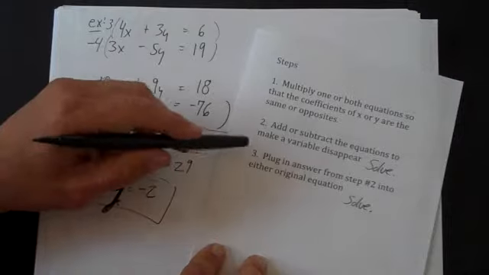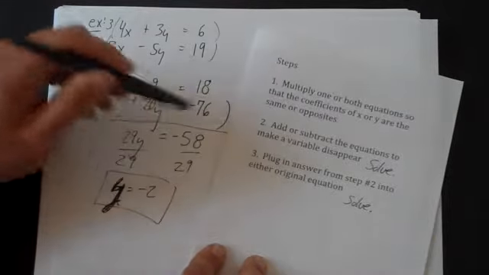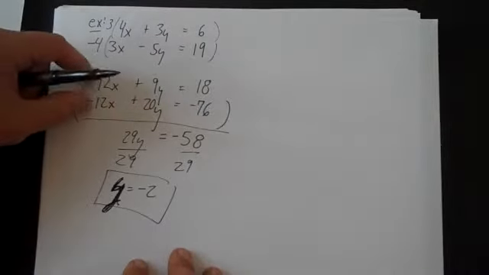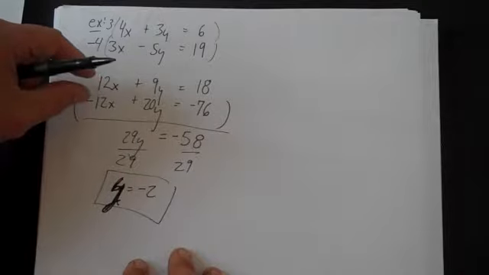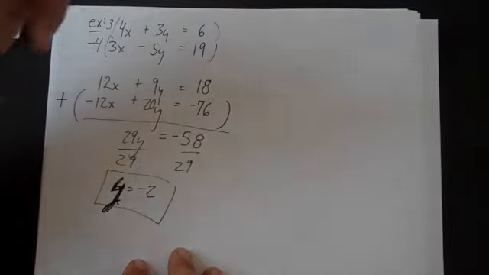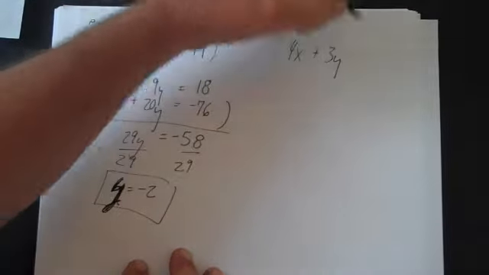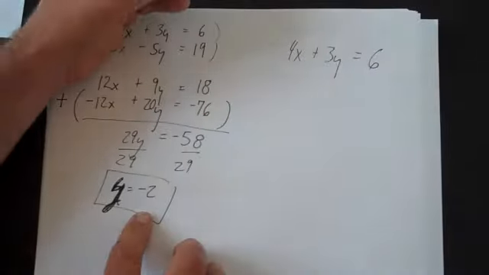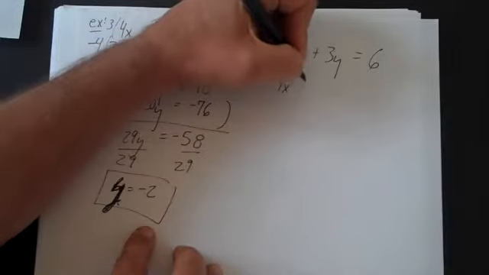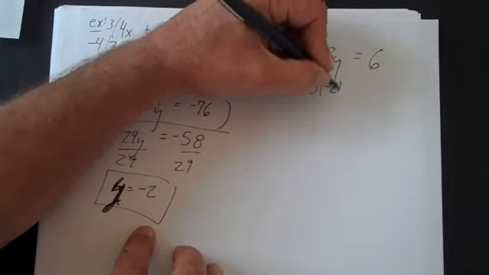And the third step is we're going to plug that answer into either original equation. You could plug them into these two equations as well, but you don't need to. 4x plus 3y is equal to 6. Let's plug in y equals minus 2, so you get 4x plus 3 times minus 2 is equal to 6.